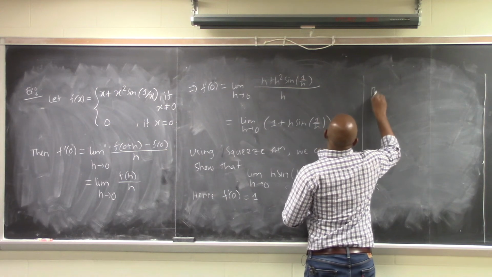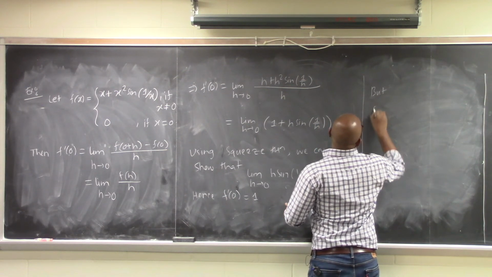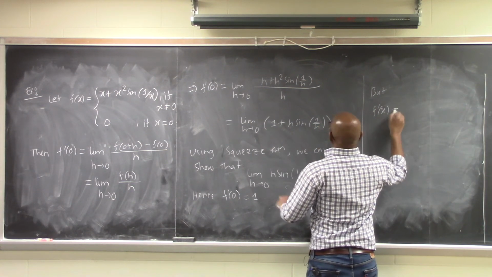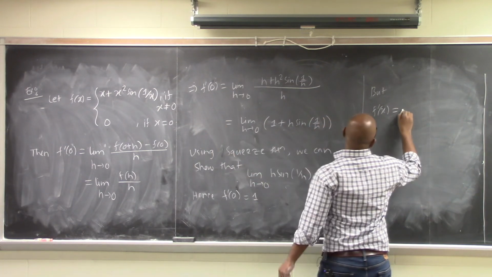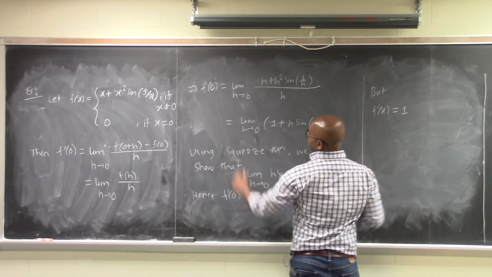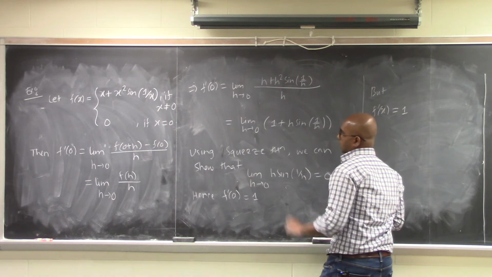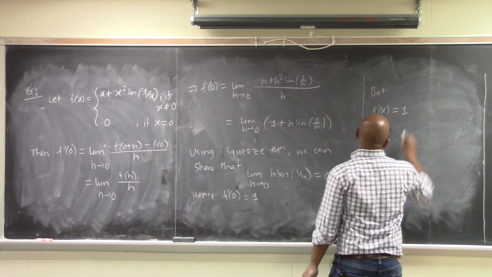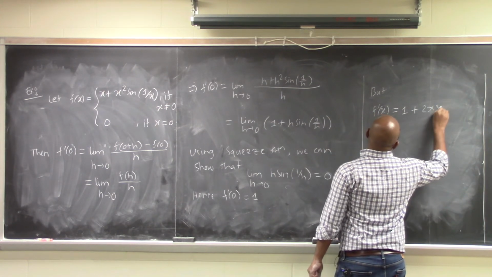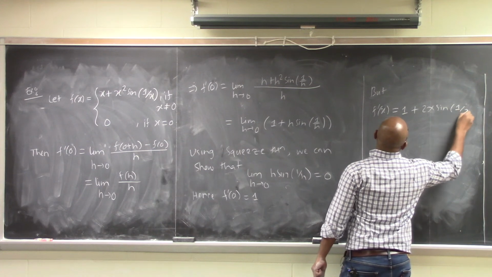But what is f prime of x? The derivative of x is 1, and for x squared sine 1 over x we have to use the product rule. The derivative of x squared is 2x, so this is 2x sine 1 over x.